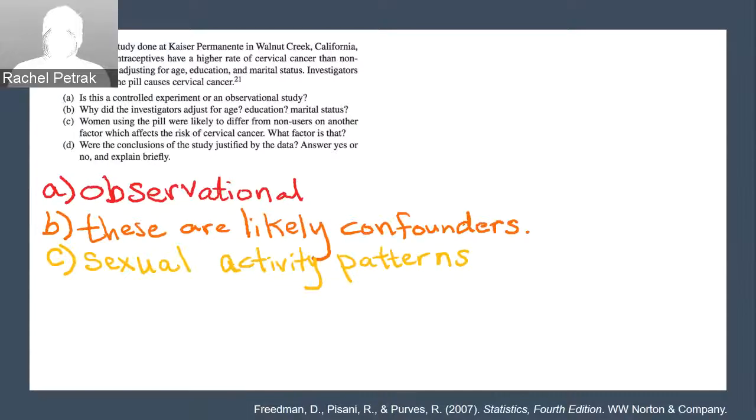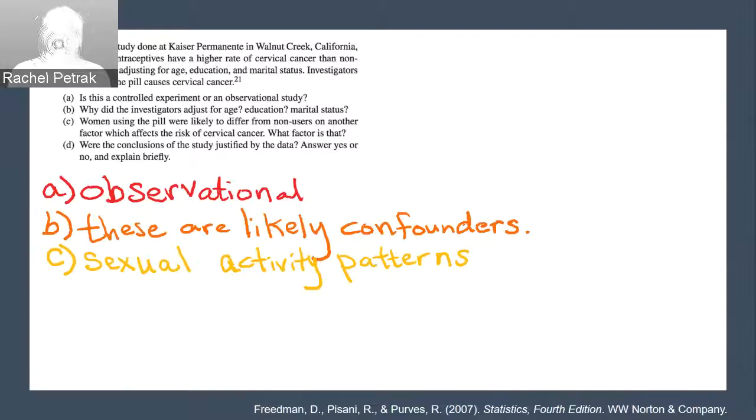So that's the scientific answer here. But if you thought of something else, like maybe they differed on another factor like socioeconomic status, whereas women who are using the pill were more likely to have a higher socioeconomic status than non-users, because they were more likely to have insurance and have access to the pill.